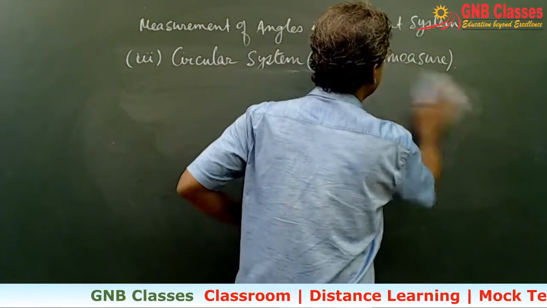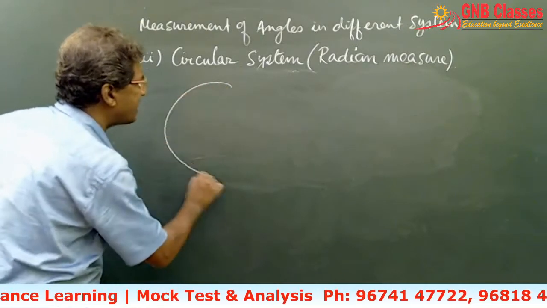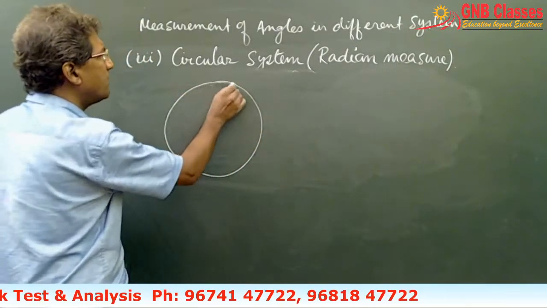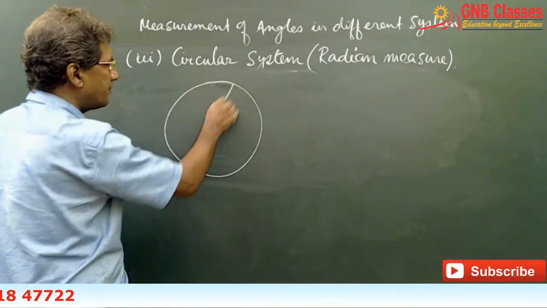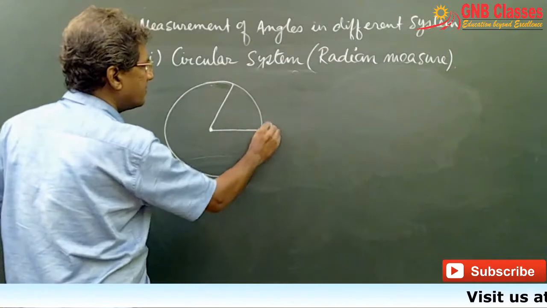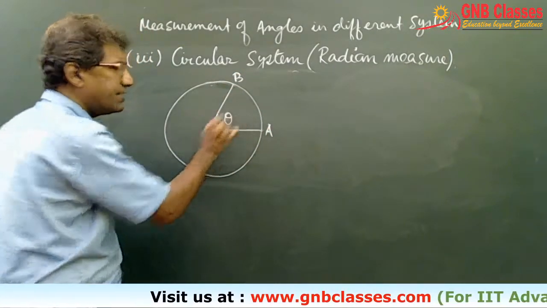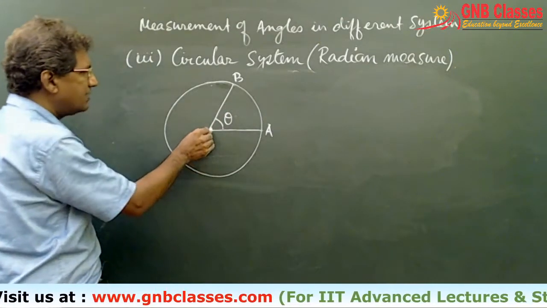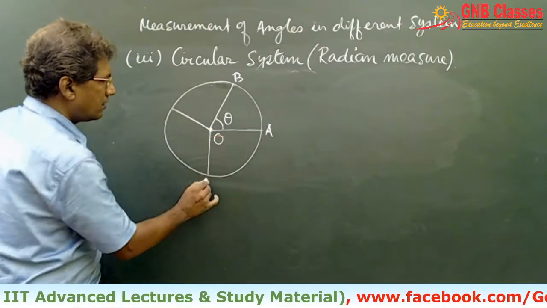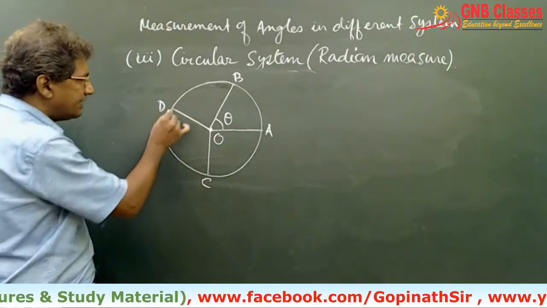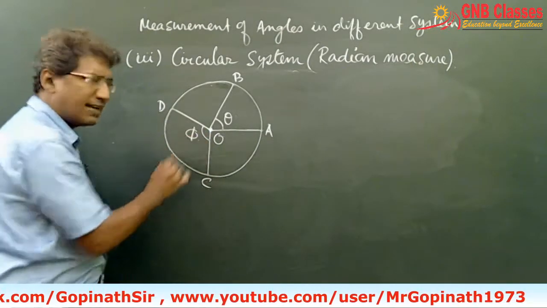Before doing that, let me recall the theorem that we have done in class 10. If there is a circle and this is the center, say this is arc AB forming an angle theta at the center, and say another arc CD is forming an angle phi at the center.